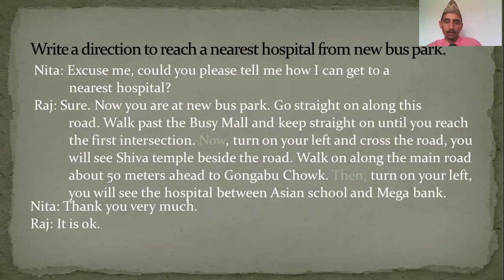Okay, so what are some words that you use when directing someone, or let's say giving direction to someone? First of all, you can use the verbs such as go, move, walk, turn, take, followed by preposition. For example, go on along this road, go straight on, take the first turning, take the second turning on your right, or turn on the right, turn on the left at the junction, walk past the hospital, move on.